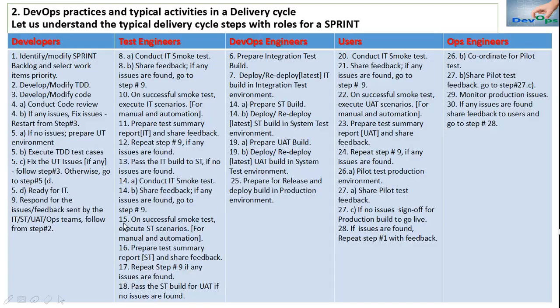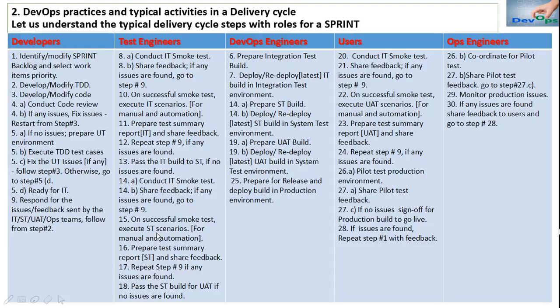And in the 15th activity, on a successful smoke test, they are going to conduct the system test scenarios. Once this 13th activity is passed, you can see in the 14th activity, parallelly, the DevOps engineers are preparing the system test build and deploying it into the system test environment. Once that is done, these guys pick it up and conduct the system test, ST smoke test scenarios.